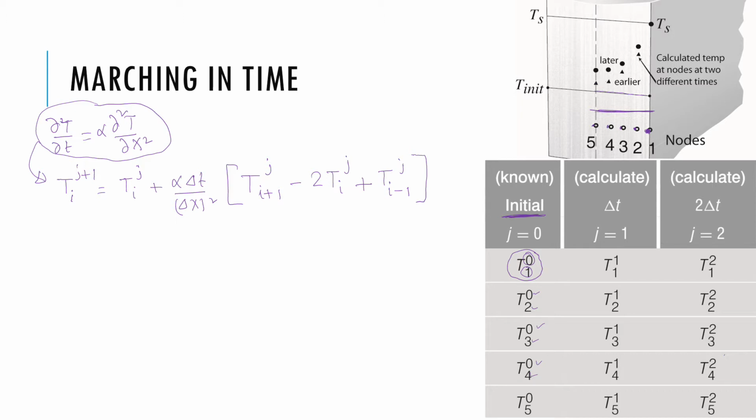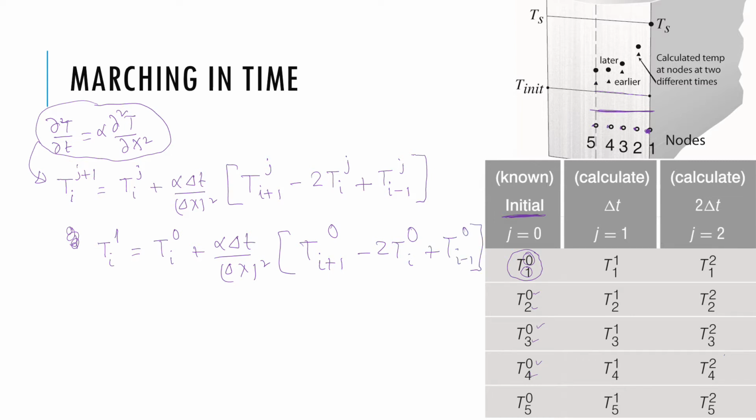So at a time j, or using this equation recursively, T(i, 1) is equal to T(i, 0) plus α Δt over Δx² times [T(i+1, 0) minus 2 T(i, 0) plus T(i-1, 0)].